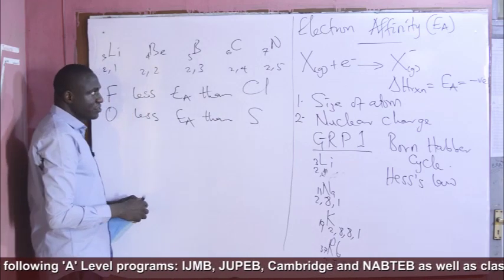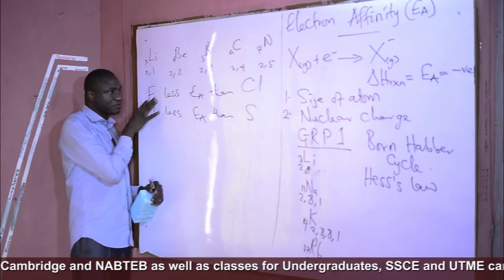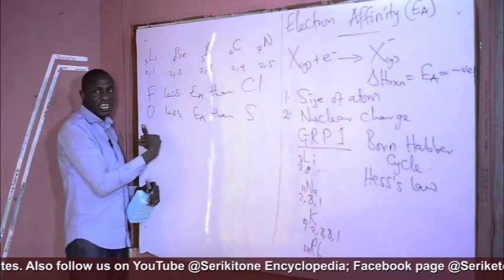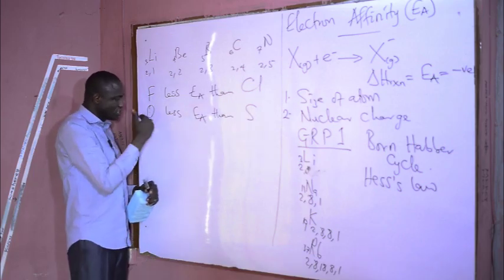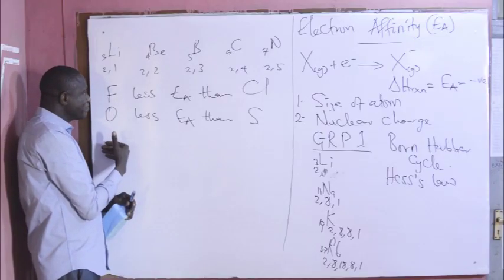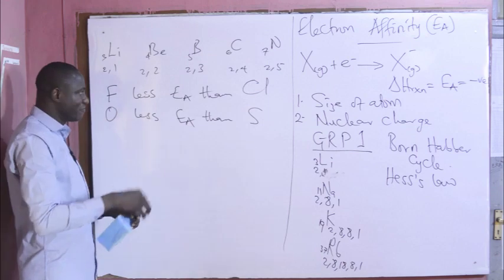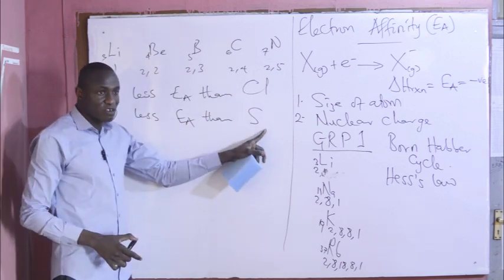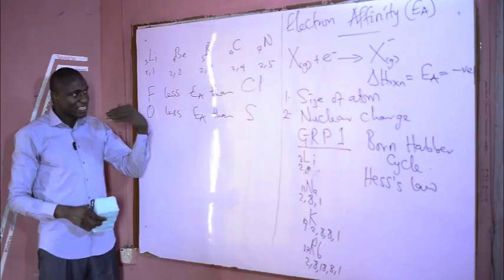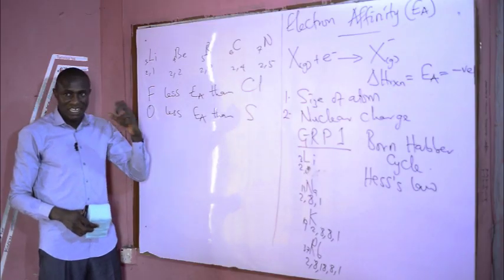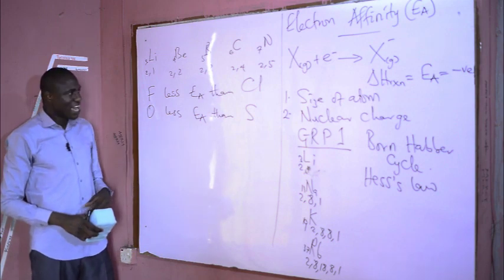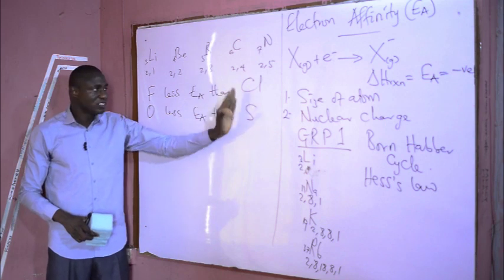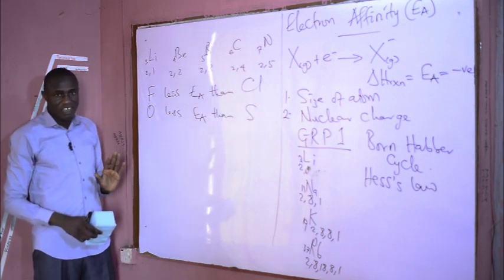In group 17, fluorine is the first member, while chlorine comes after fluorine. Sulfur is also below oxygen. So we expect fluorine to have higher electron affinity than chlorine, and oxygen to have higher electron affinity than sulfur, since we said earlier that electron affinity decreases down the group. But the reverse is the case, and students of chemistry are expected to give reasons for these observations. And the reason is not far-fetched.